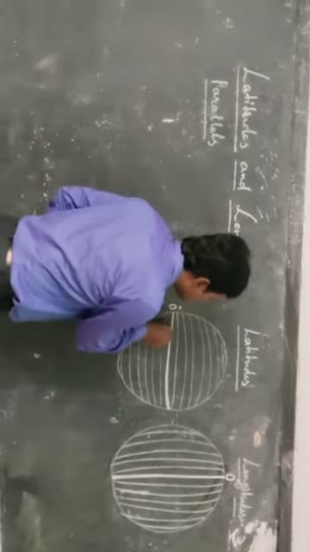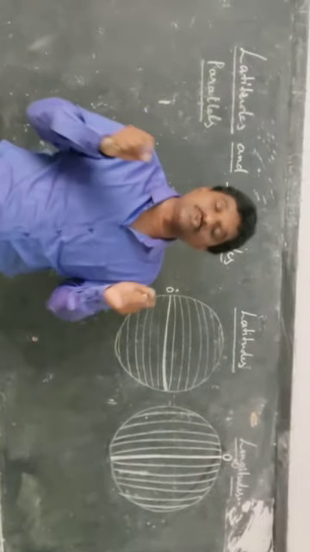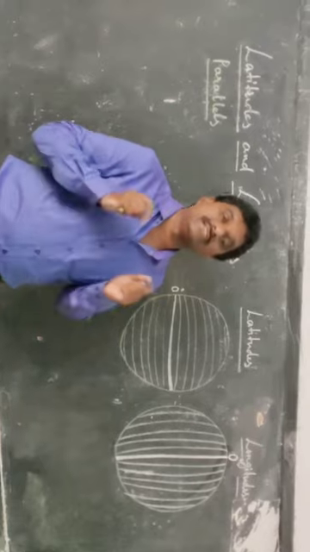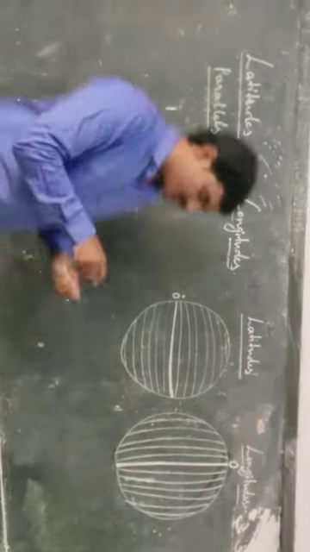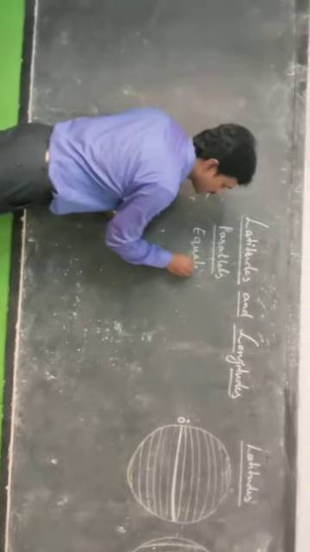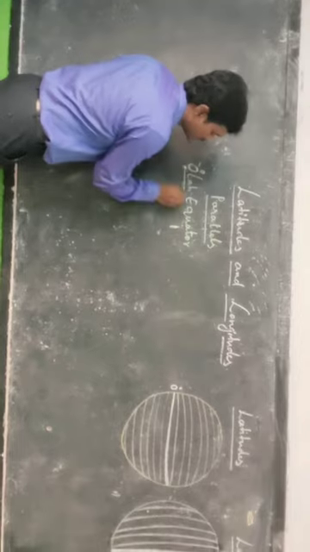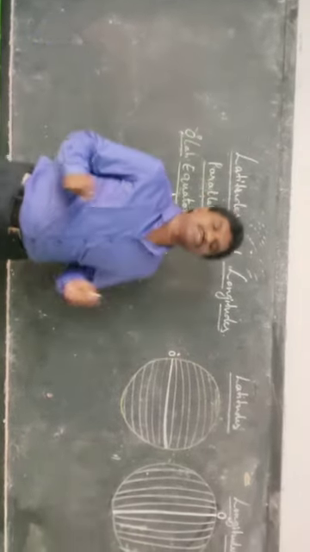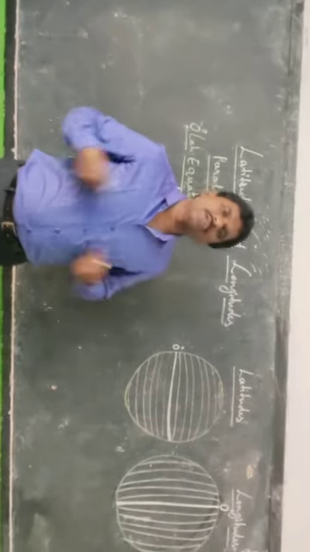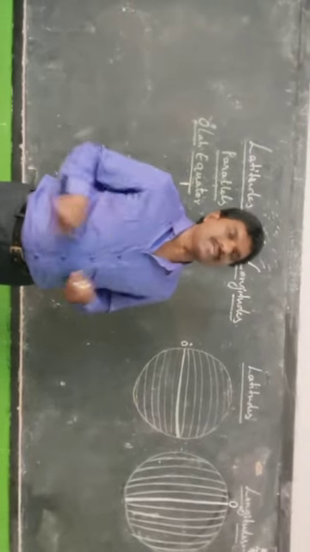That is, 0 degree latitude is the biggest latitude, and that 0 degree latitude is called the equator.